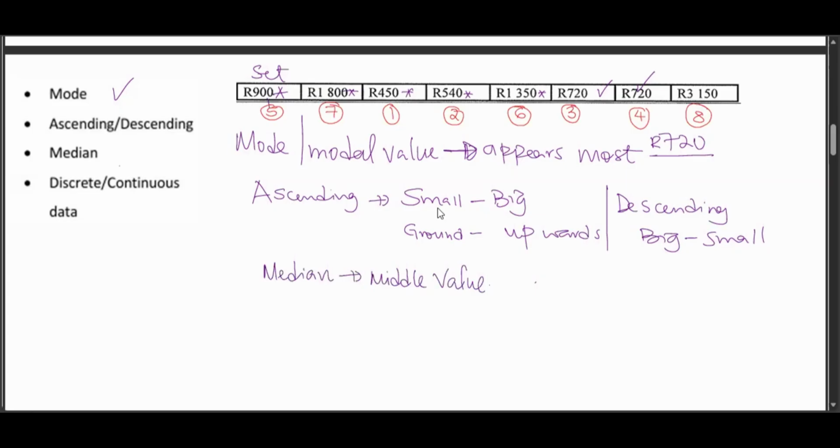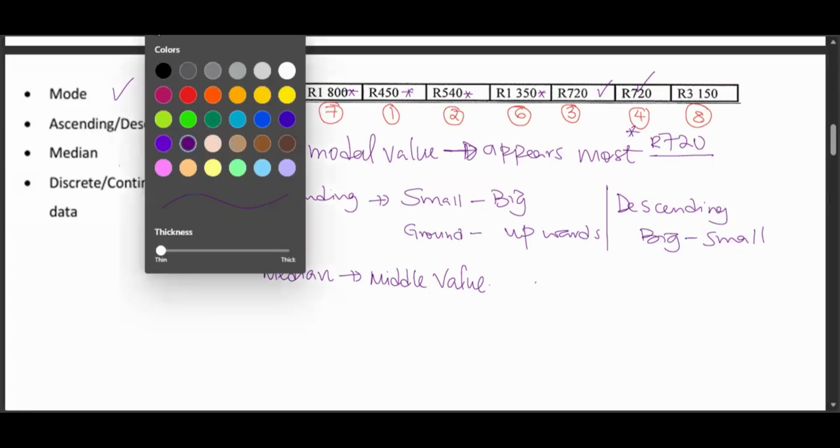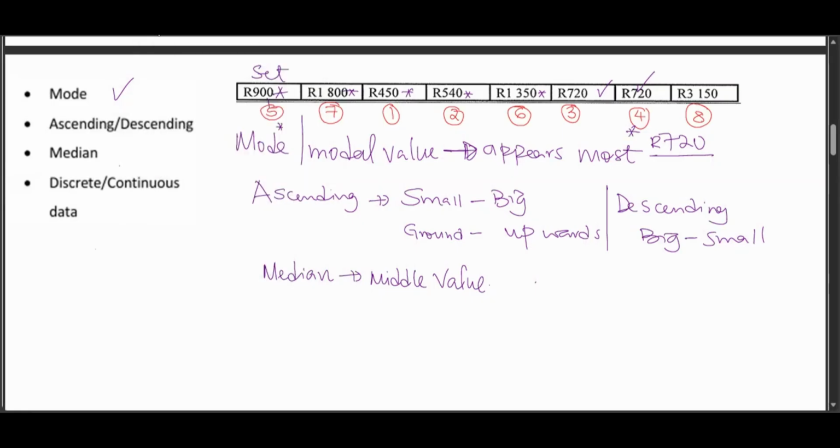Let's look for the median for this. Now, since there are 8, we're going to remain with the 4th number and the 5th number in between. Anyway, let me just show you how we do it. I'm arranging them before I look for my median. So it's 450, followed by 500 and 540. Number 3, 720.